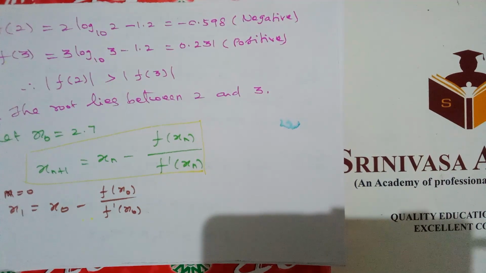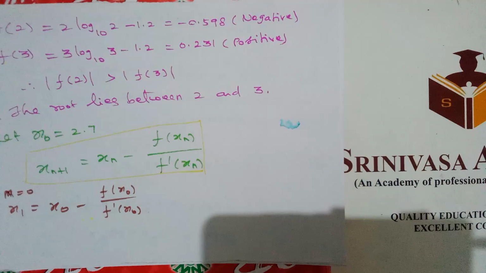From 2 and 3, I'm going to select x naught equal to 2.7, isn't it? That value is closer to 3, I think. If you put 2.7 in f of x, it will give a negative value, I think. So randomly I am choosing between 2 and 3, that is 2.7.